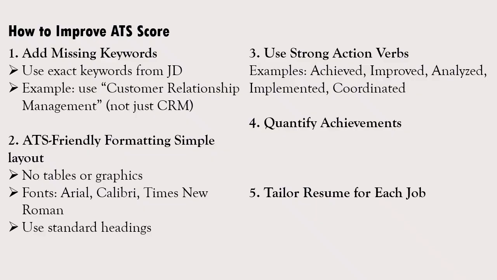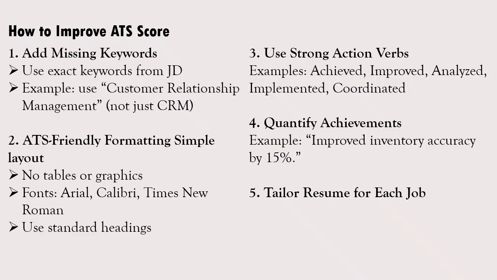Then use strong action verbs. As I told you, we need to add certain words like achieved, improved, analyzed, implemented, coordinated. These kinds of action verbs will help to achieve more success in ATS. And then quantify your achievements.